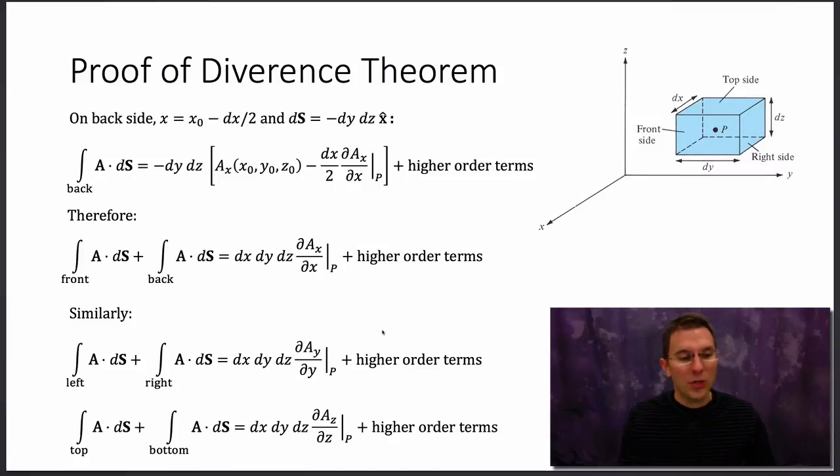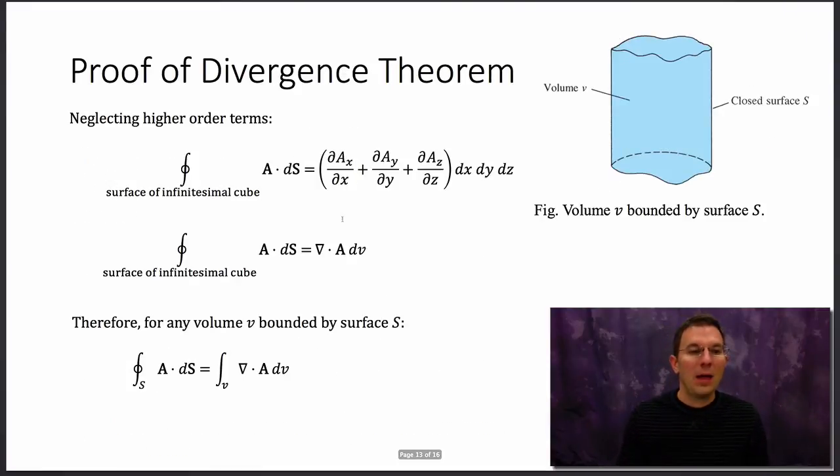Now we add that plus that plus that to get the total flux through the cube. Interestingly, the flux through the surface of an infinitesimal cube is equal to this expression times dV. And if you look carefully in Cartesian coordinates, this expression is just equal to the divergence of A. So this is kind of the punchline here.